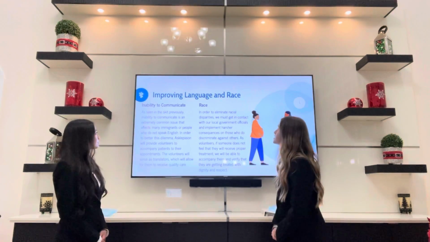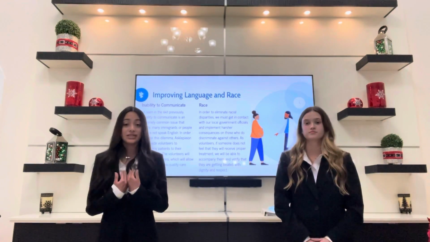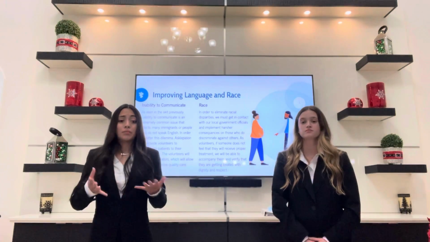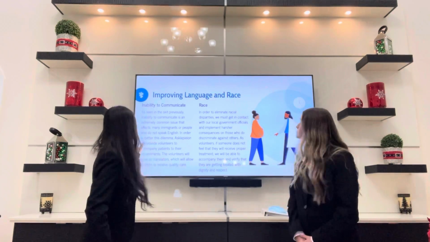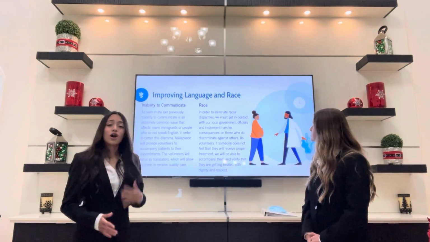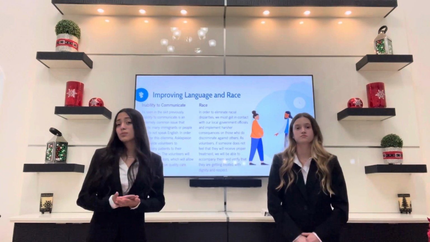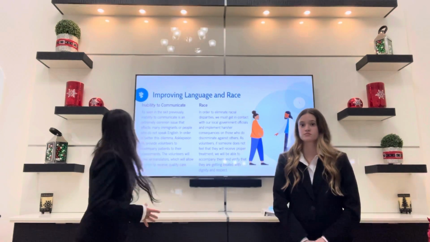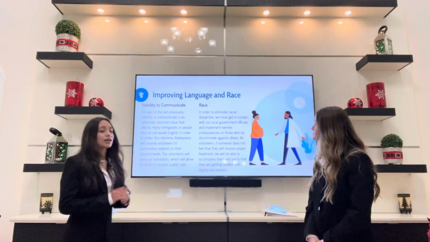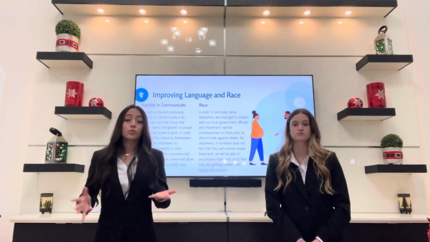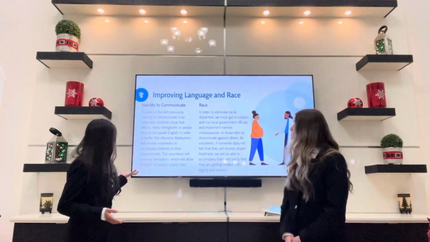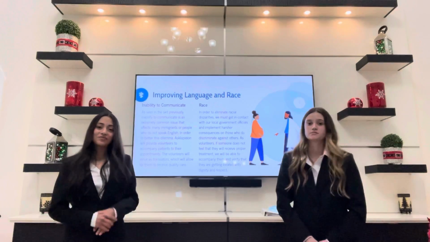Improving language and race. As seen in the skit previously, I was not able to show that my stomach was hurting, and this is an extremely common issue that many people who do not speak English or immigrants face. In order to better this dilemma, Asclepian will provide volunteers that will serve as translators in order to allow them to receive quality care.